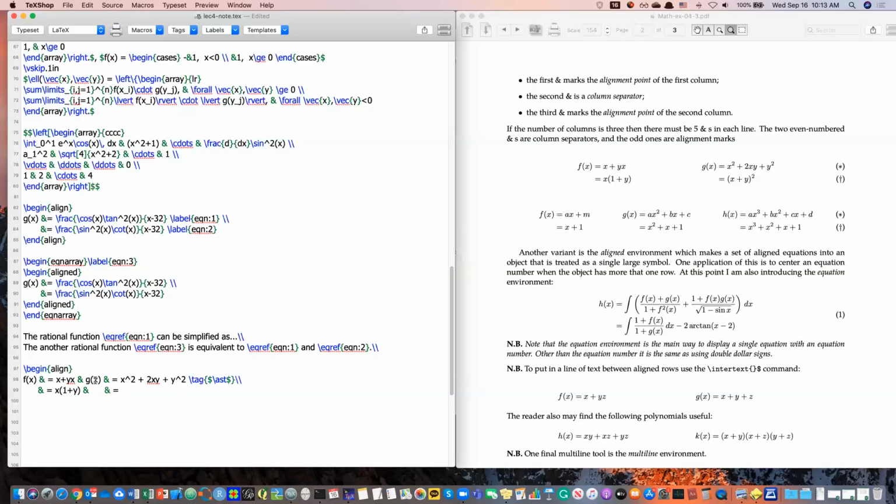But in the second line, there's no expression left inside of the equal sign, so we leave it empty. Then the ampersand, equal sign, x plus y squared, and then tag dagger. This is dagger. And the end of line.